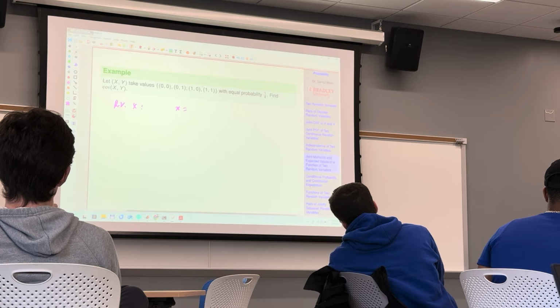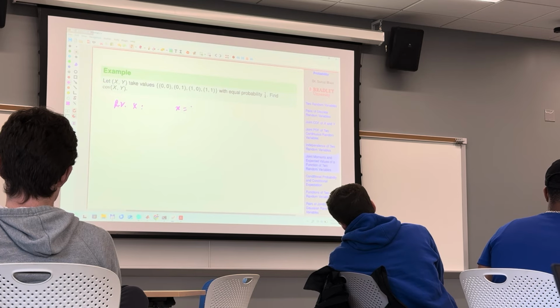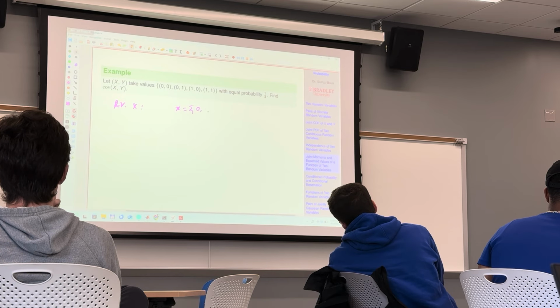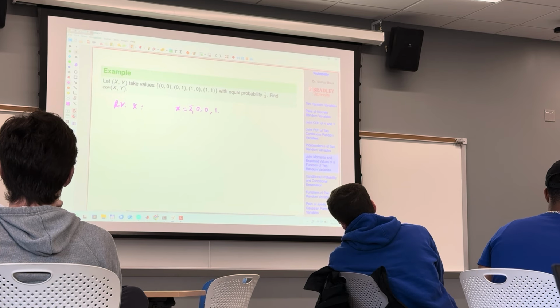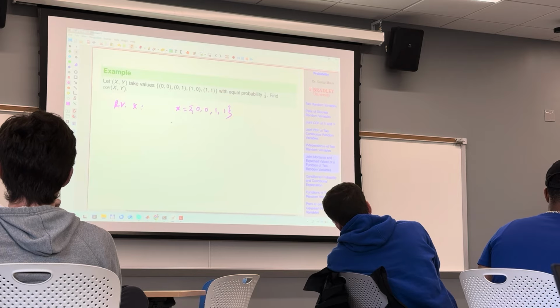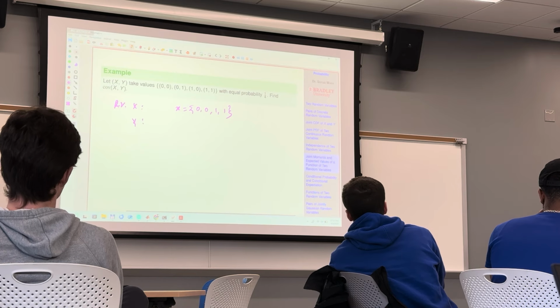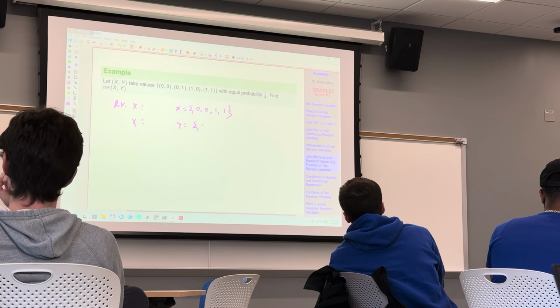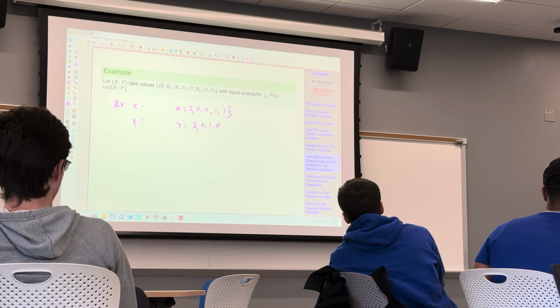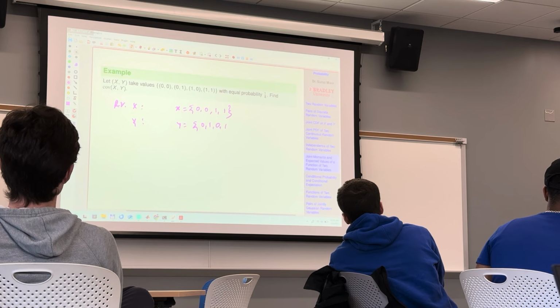I have 4 joint measurements. So you take x, 0 and 0, that's okay, 1, 1. So I write individually y. Y equals 0, 1, 0, 1. That's it.